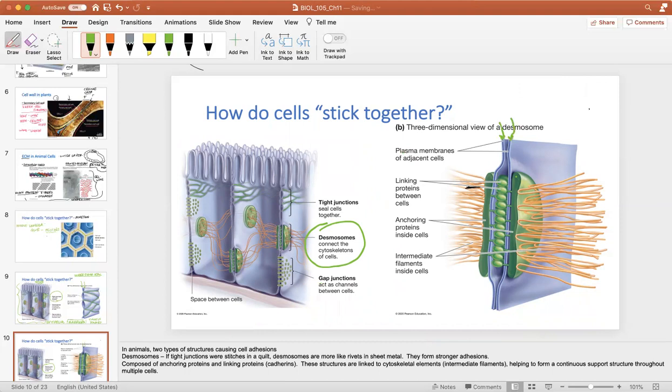And hopefully you can see what's happening here is on the inside of one cell, we have a protein. And on the inside of a second cell, we have a protein. But can you see that there's little projections going through here? And what these projections are attached to are some linking proteins. Okay, so these are linking proteins.